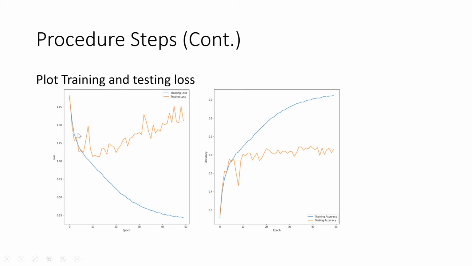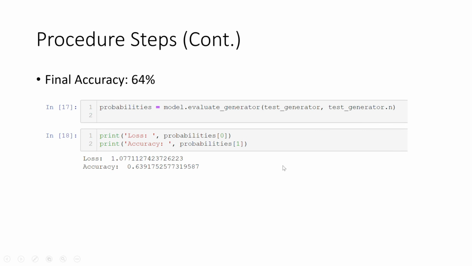Slowly the training loss is coming down, whereas the testing loss is actually consistent, I would say. And here also it's pretty much consistent. And finally, we have an accuracy of 64%, which for image processing, I feel is good.